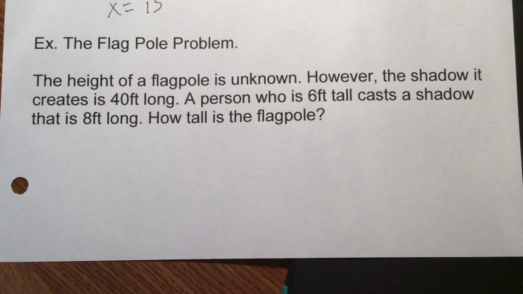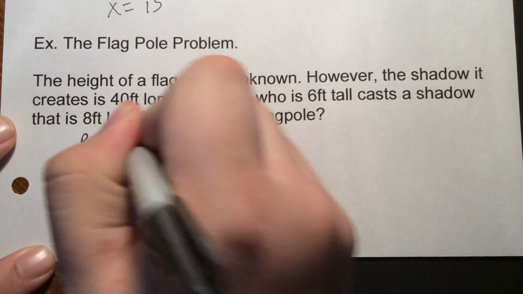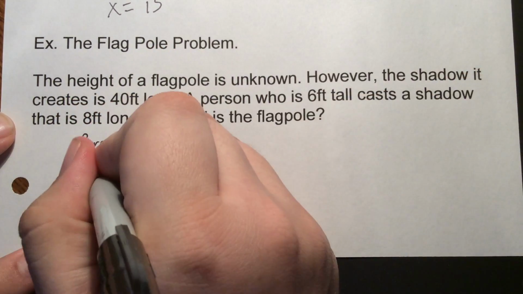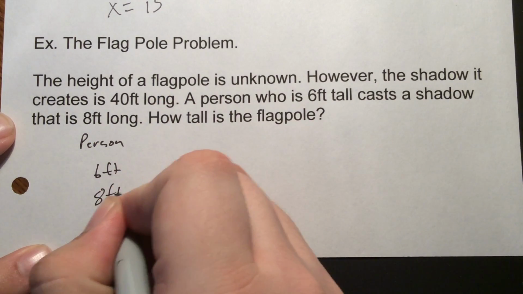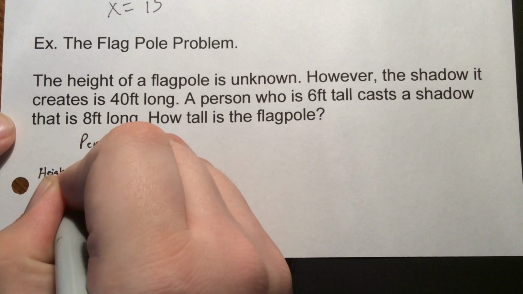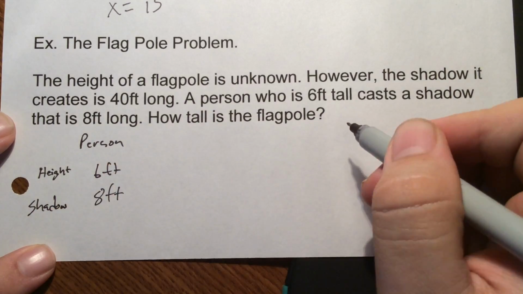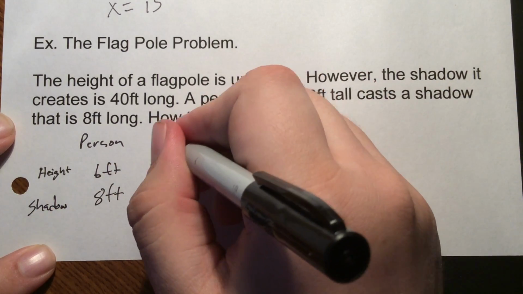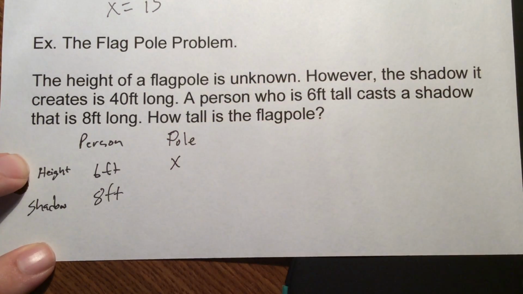So what we're doing is we're going to set this up with a proportion. So start with the person. They're actually 6 foot tall, and they make an 8 foot shadow. So think height, shadow. On the other hand, we have the flagpole. So let's just put pole. The actual height of the flagpole, we don't know.